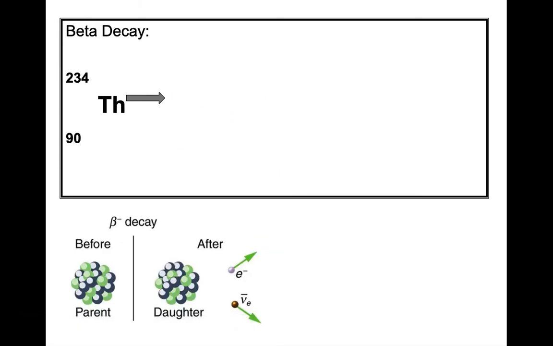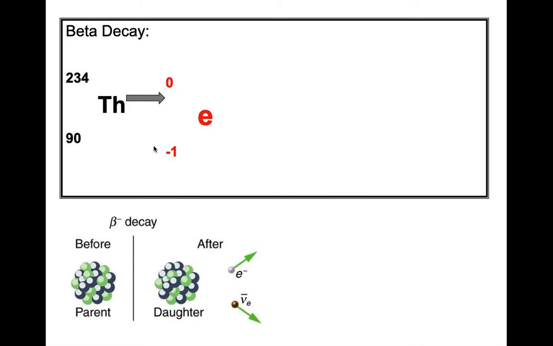Well, let's look at what would happen if this thorium nucleus, thorium-234, were to undergo beta decay. So a beta particle we talked about is basically an electron with no mass and a charge of -1.